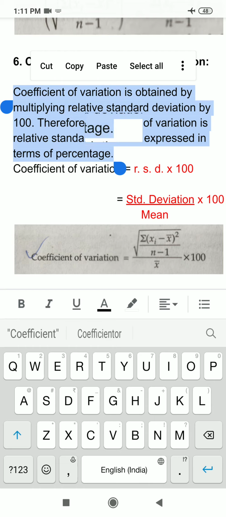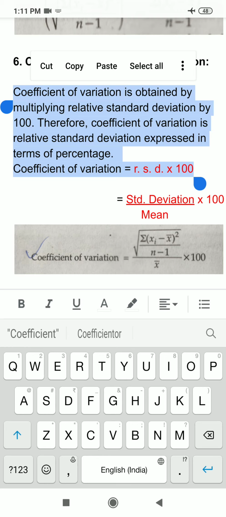So I can say coefficient of variation is equal to relative standard deviation multiplied by 100, and I told you that the meaning of relative is with respect to the mean.